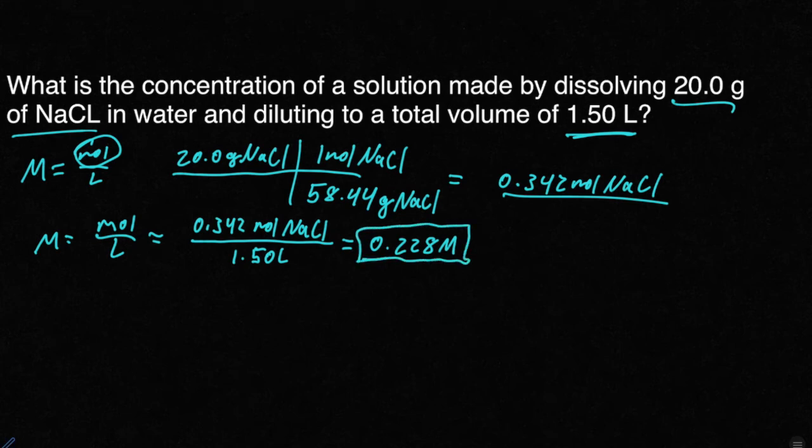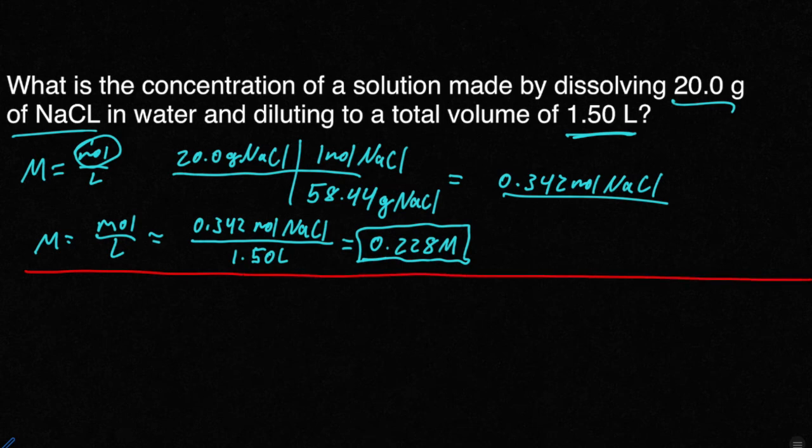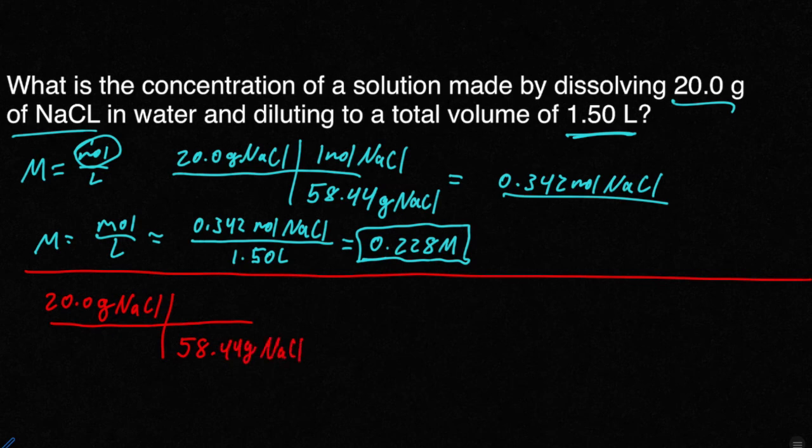Of course, there is an alternate method to solving this problem, treating the entire thing as a dimensional analysis. We're starting with 20 grams. That's an amount of sodium chloride. So if we have 20.0 grams of sodium chloride, we can convert that to moles the same as before by dividing by the molar mass: 58.44 grams sodium chloride is equal to 1 mole sodium chloride. Then we multiply that by 1 over the volume, 1.50 liters.